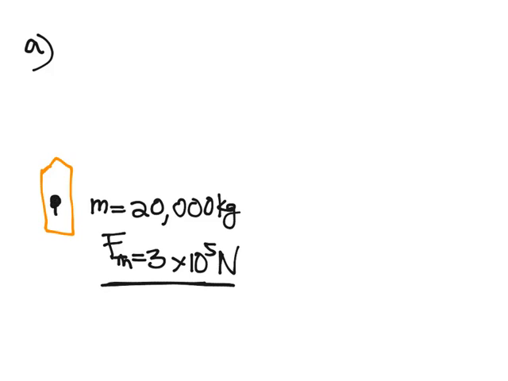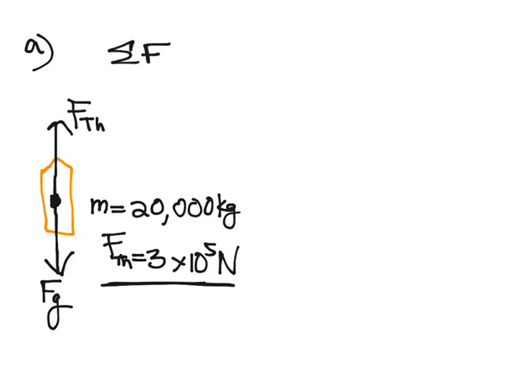I know that the forces acting on my rocket are Fg, and the thrust pushing it upwards, F thrust. We want the rocket's initial acceleration, so we have sigma Fy equals m a y.